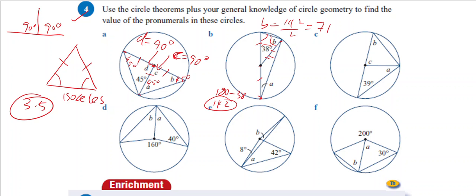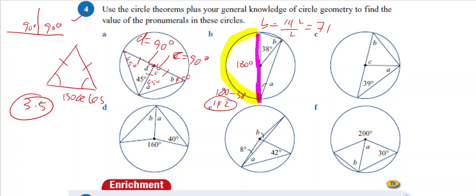Well, you can do it two ways. Something interesting about the arc property is that if I look at the arc over here, the angle going to the center is a straight line, so that's covered by 180 degrees.